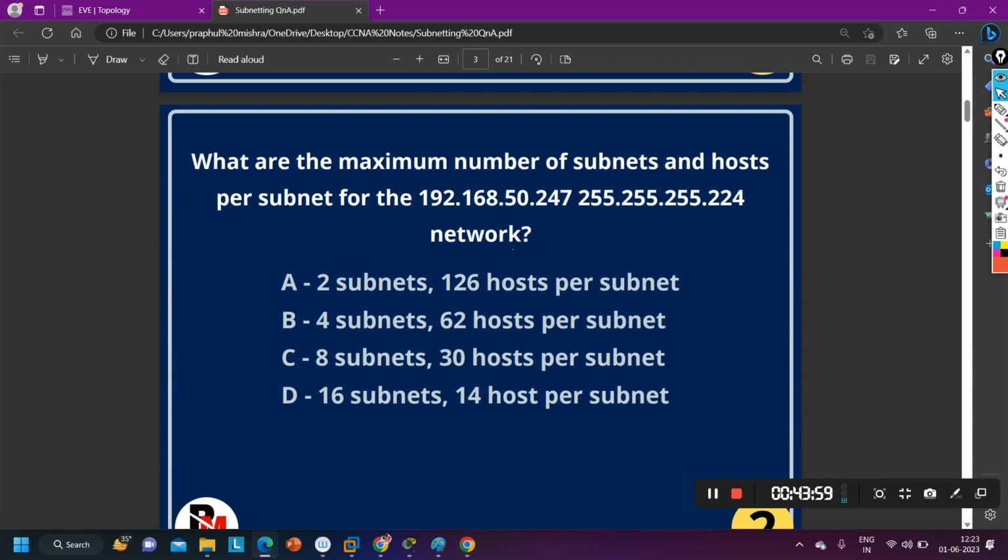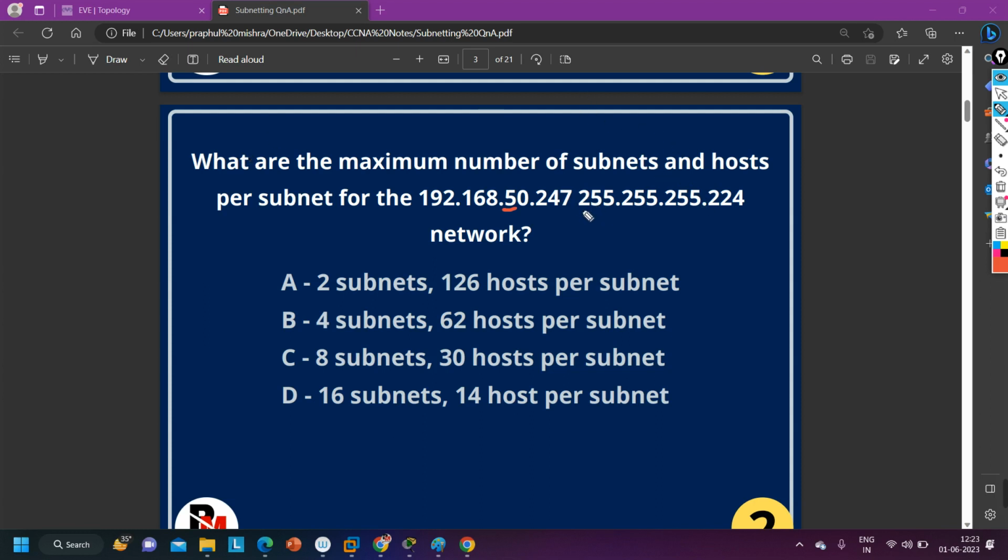Okay. Now here the question is again very simple. What is the maximum number of subnets and valid hosts per network for the network 192.168.50.247 and the subnet mask is this one. So the question is asking what is the maximum number of networks and hosts per subnet. So you need to find networks and valid hosts. It is only going to be option C, because we use the formula 2 to the power n.